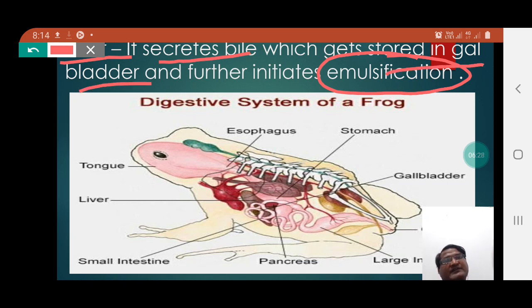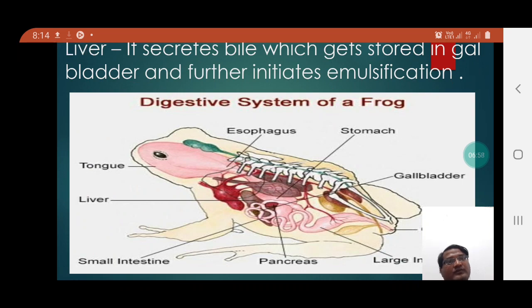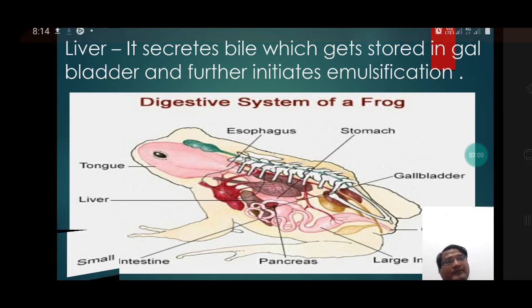Now students, let's understand the concept of liver with the help of this picture. Here we can notice the liver which is present in the frog. In this liver, there is production of bile, and this bile is further stored in the gallbladder.